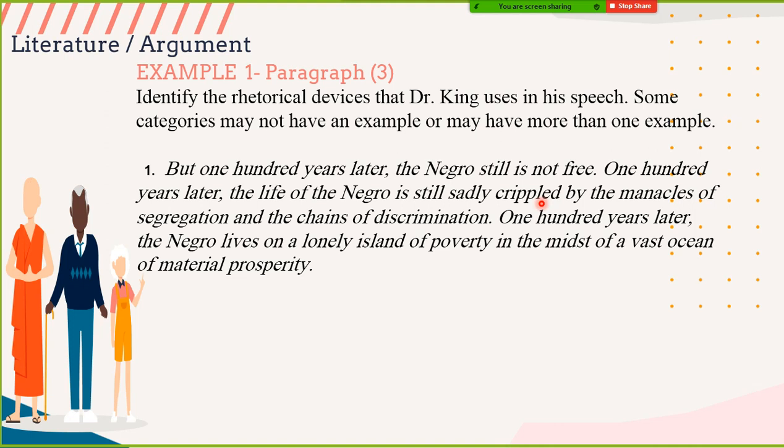They are stopped from moving by what? Manacles. Do you know the manacles? They're like the handcuffs. When the police catch a thief, he puts the manacles on his two hands. So he said that the Negro is still sadly crippled by the manacles of what?